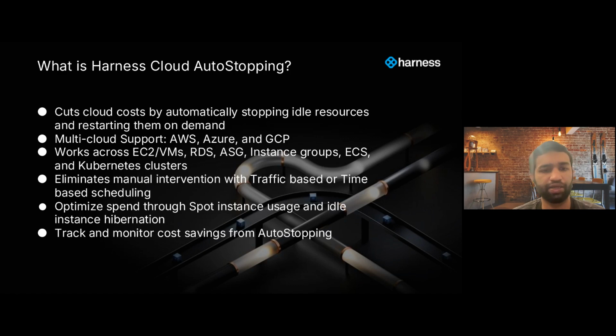If you have RDS, it can stop those too, along with auto-scaling groups, instance groups, services in your ECS clusters, and workloads and services in Kubernetes clusters. Any of these workloads or services that might not be required all the time, it can detect and make sure they're switched on and off whenever required. That way, you're not running them all the time.